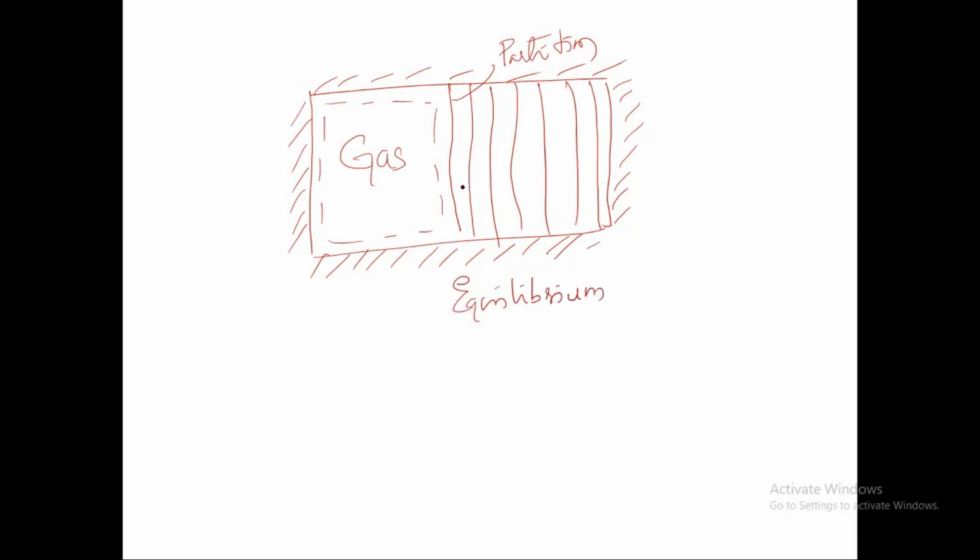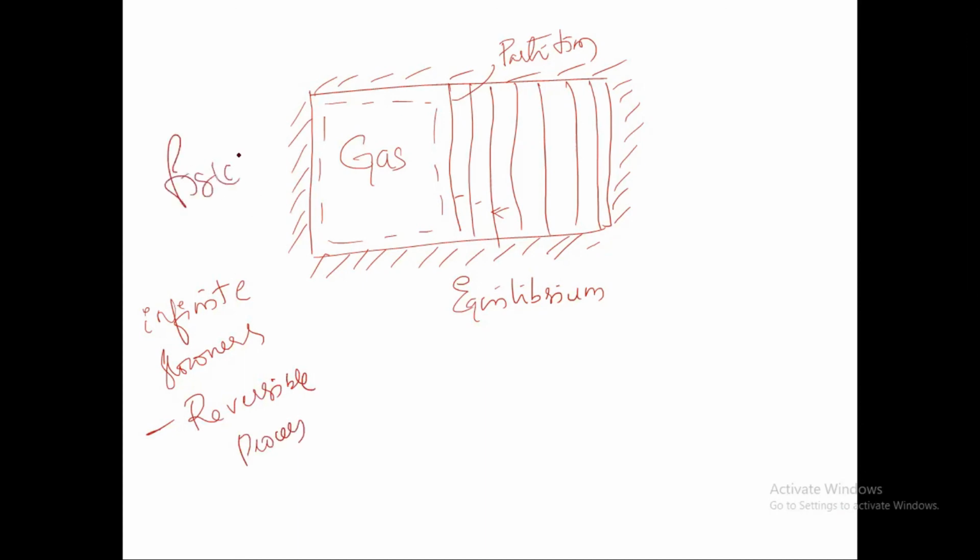Every time it also doesn't offer any resistance, but it happens slowly, that's what we call infinite slowness. Which characteristic is it? It is the characteristic of a reversible process. Therefore, in this figure C, the vacuum is divided into a number of strips, and at each successive stage it will achieve an equilibrium state. Therefore, this process is a reversible process.